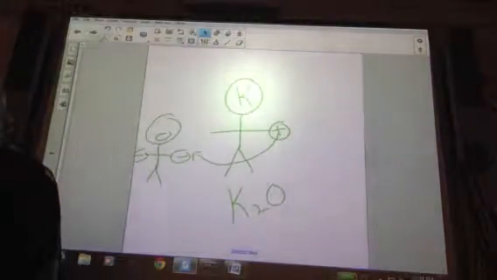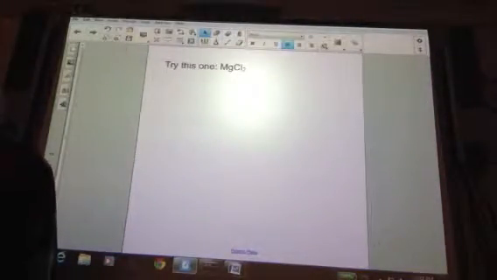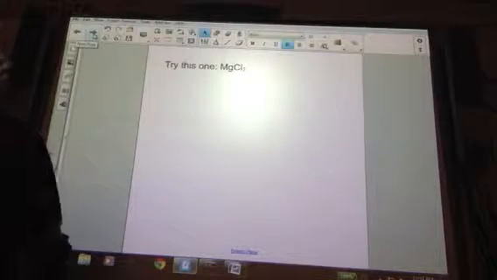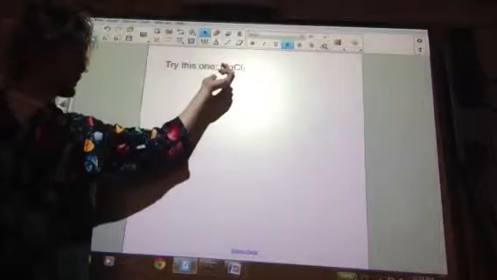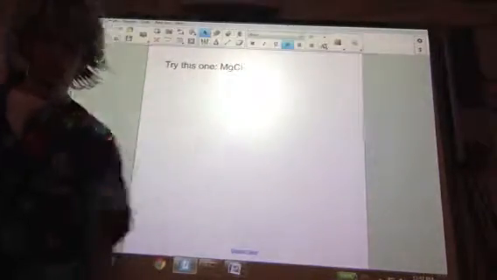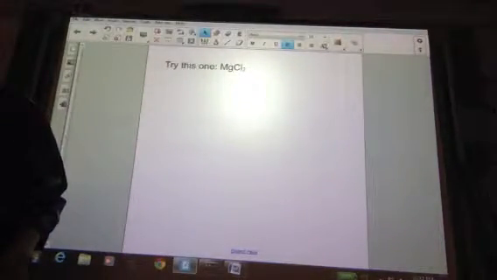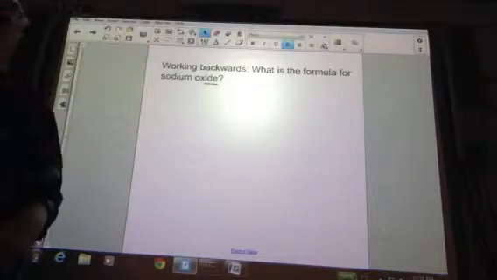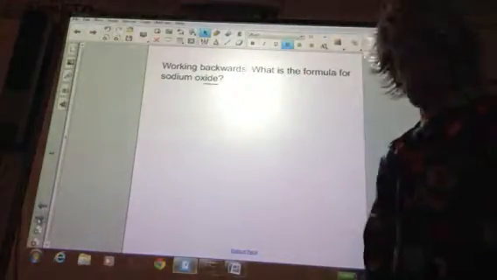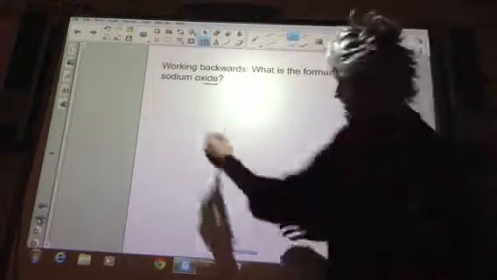Alright, next one. So we already tried MgCl2. But if you name it, it's magnesium chloride. Okay. Sodium oxide. You should be able to do this one now, right? Working backwards, what's the formula for sodium oxide? Alright, so sodium is Na.